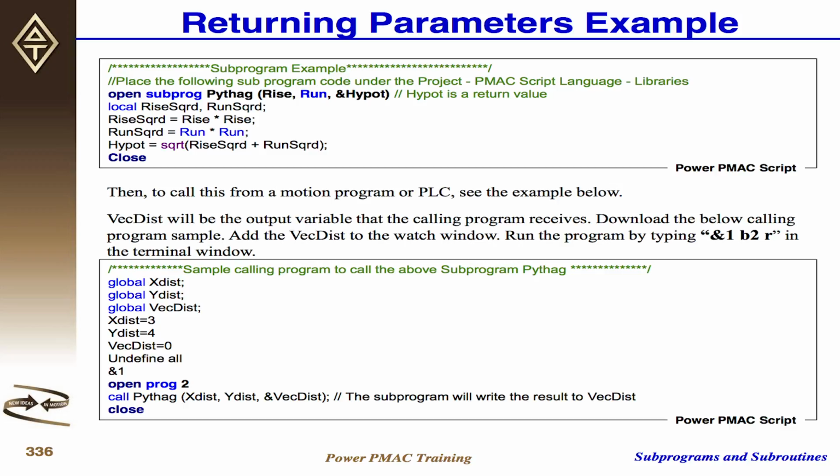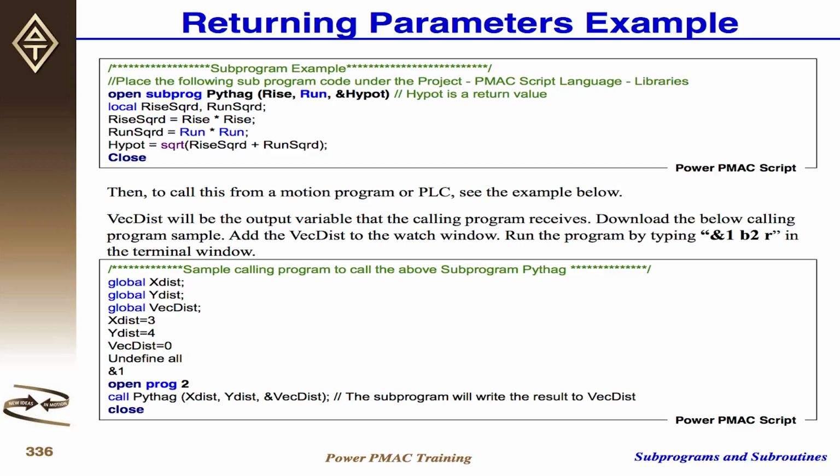You have the local variables, rise squared, run squared. So rise squared is equal to rise times rise. Run squared equal to run times run. And the hypot is equal to the square root of the sum of the rise squared and the run squared, and close. So it's an easy triangle hypot calculation, right? And in the motion program, this is our calling program now.